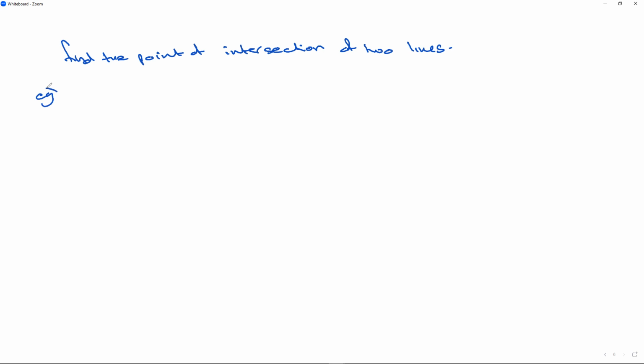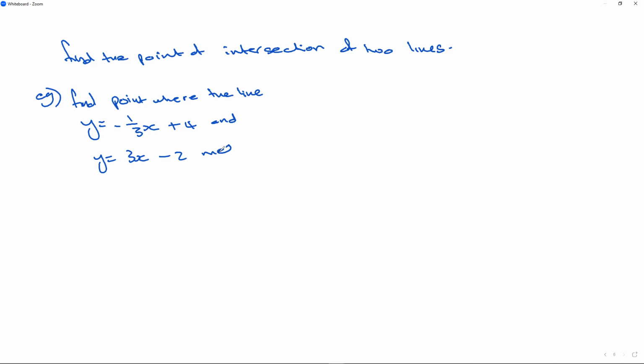Okay, so let's go with an example. Find the point where the lines y equals negative a third x plus 4 and y equals 3x minus 2 meet.